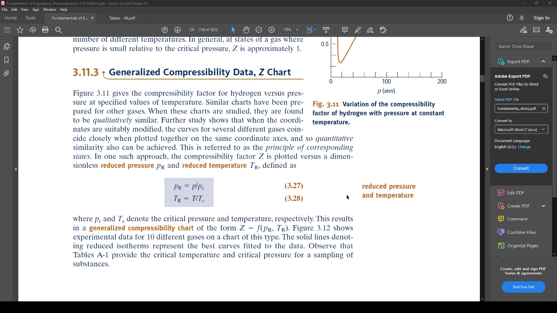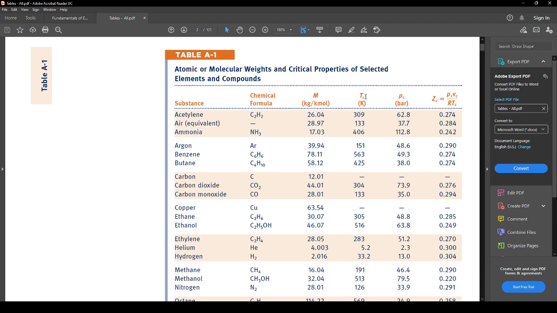So, reduced pressure and reduced temperature are simply the actual pressure you have divided by the critical pressure, and where that critical pressure should be, I guess, familiar is that I showed you here. So TC and PC for selected compounds.